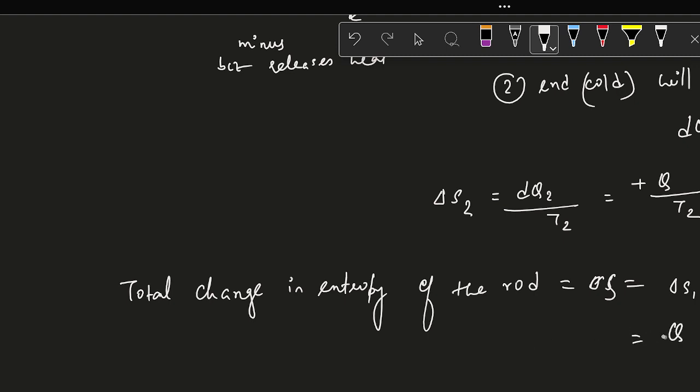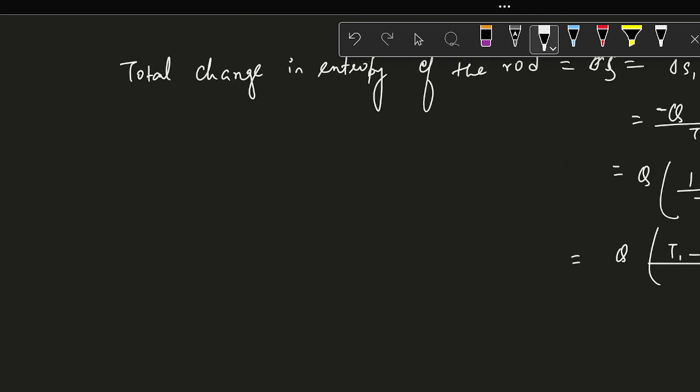So it is simply minus Q by T1 plus Q by T2. So this is Q times (1 by T2 minus 1 by T1). Simplifying it further, you can get Q times (T1 minus T2) by (T1 into T2). So this is our delta S in total of the total rod.